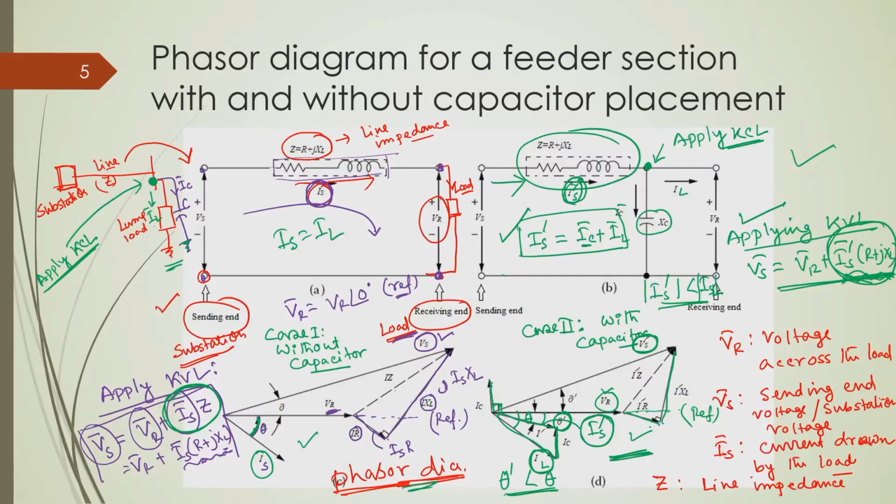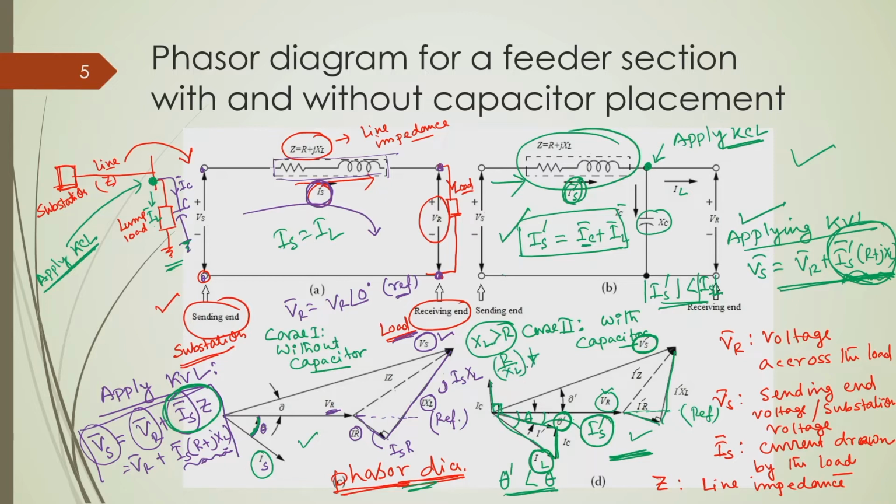Now, we have one important aspect which I am going to discuss here. If you look at the previous phasor diagram, it is drawn assuming that the line reactance XL is higher than R. It means that the R by XL ratio is lower.